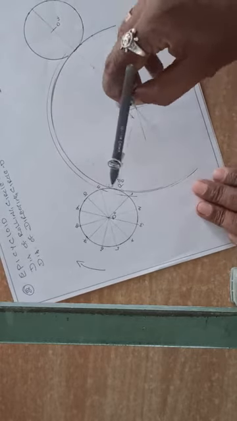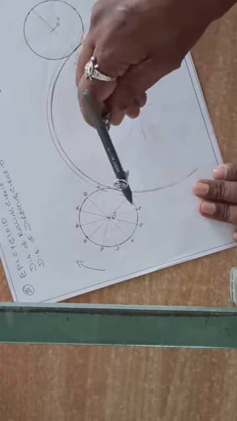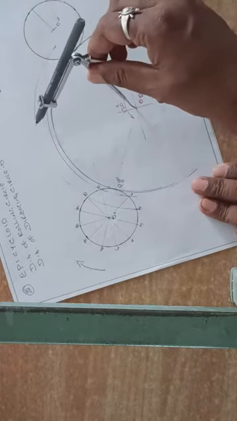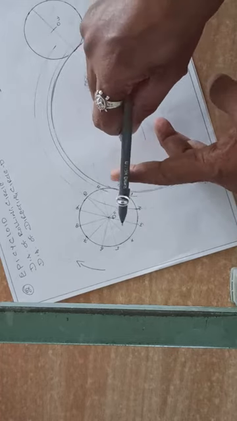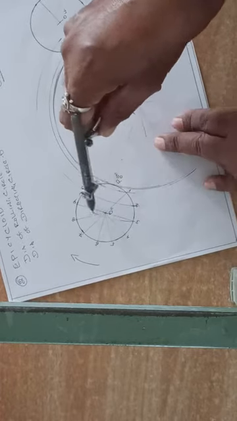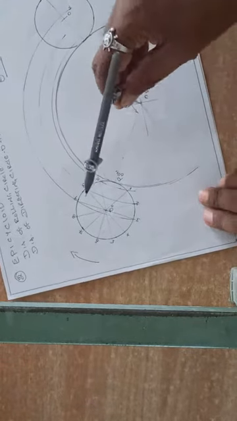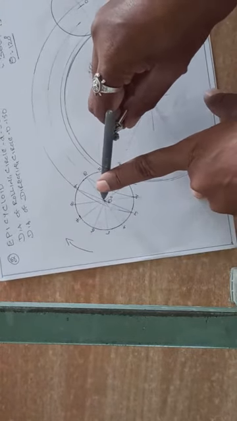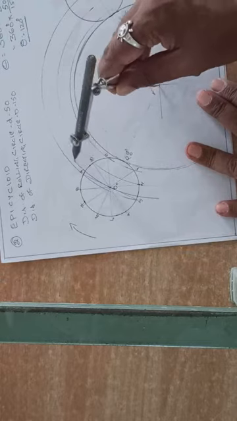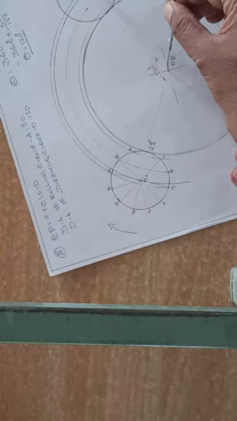Like this. Then another part of the circle, no need to draw the full circle, passing through 2 and 10, then again 3 and 9. Before drawing the arc passing through 3 and 9, first draw a little thick arc passing through the center of the circle in the first stage and in the last stage.